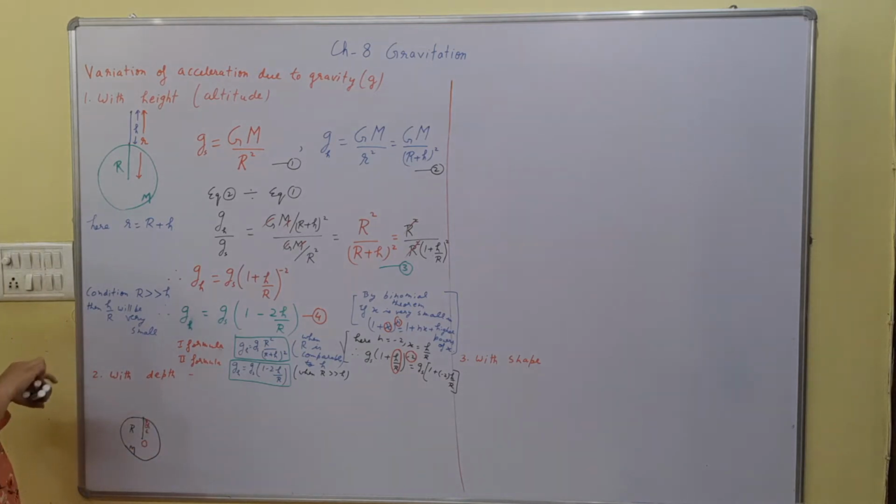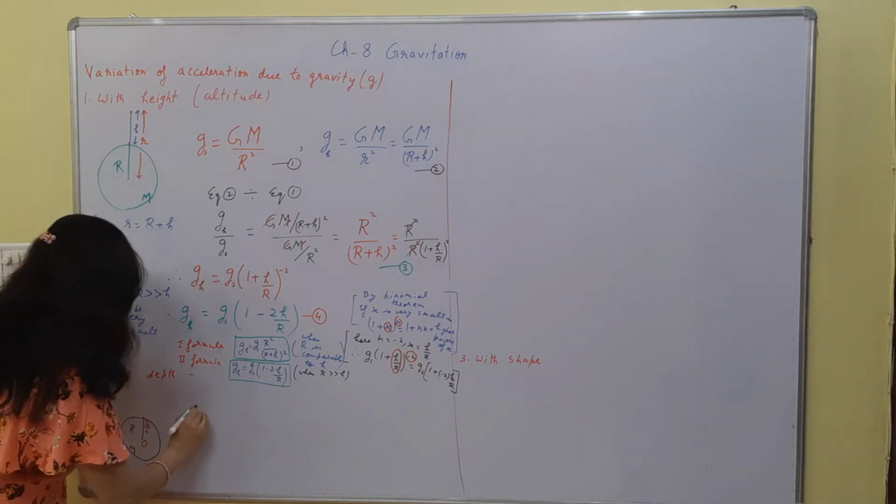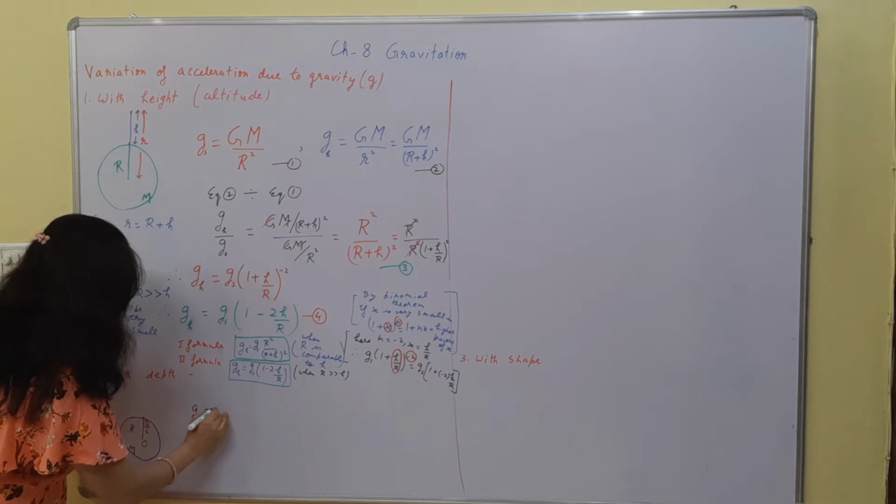If the object is at the surface, what is the value of g at the surface? This will be GM upon R square.